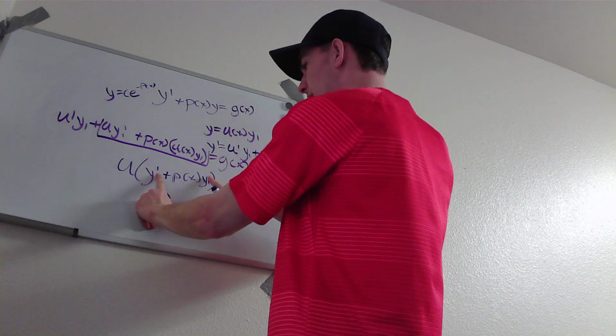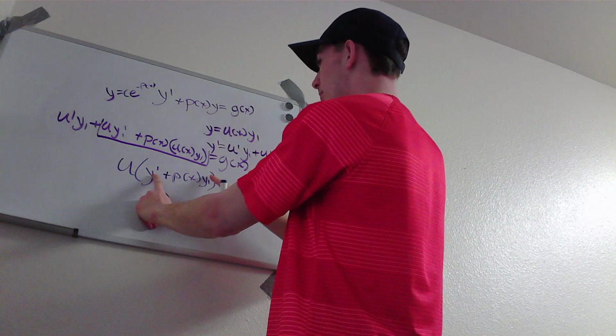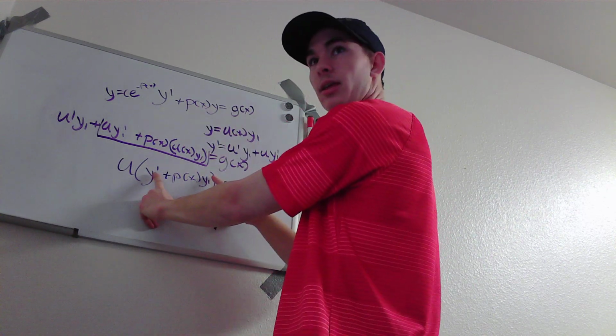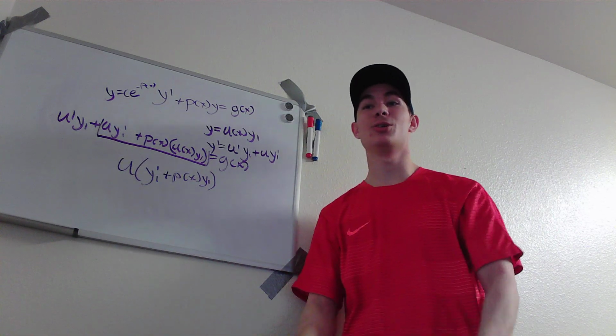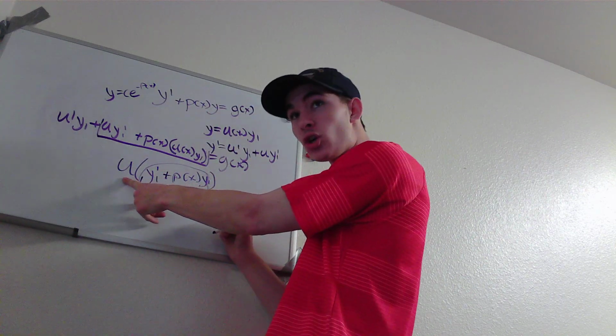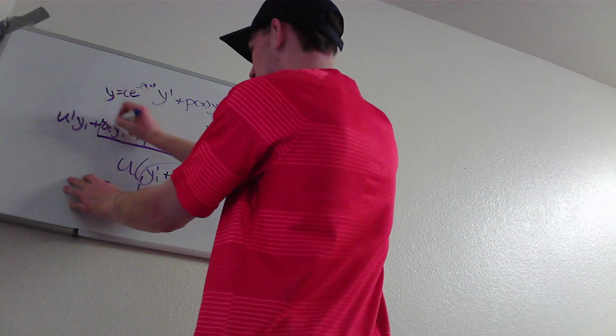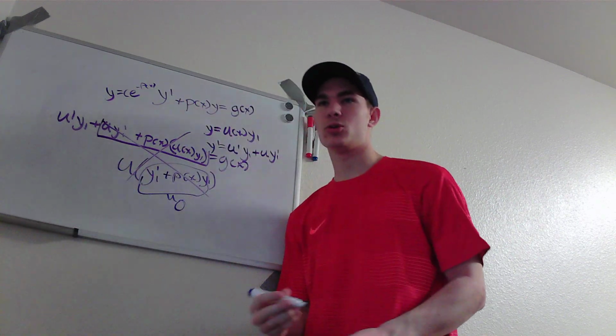And so you have y prime plus p of x, y, and your homogeneous solution is equal to 0. So this right here is equal to 0, which means that this u times this is 0. So this all magically goes away.